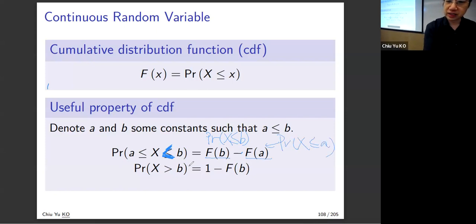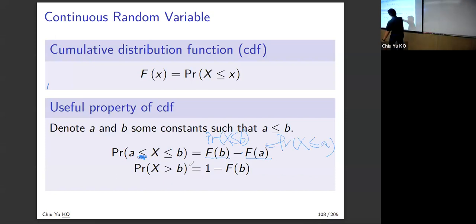You move the other side: less than or equal to a, plus a to b, less than b. Sorry, I should not have this underline.